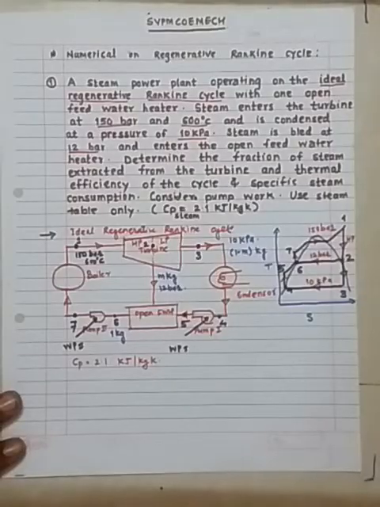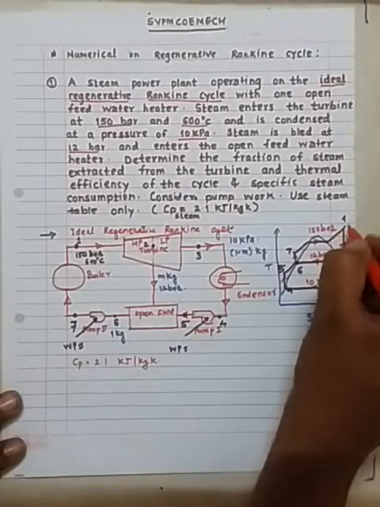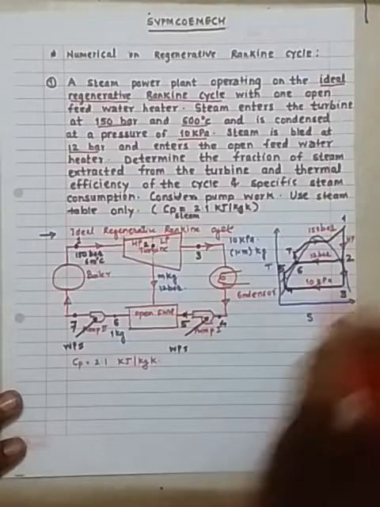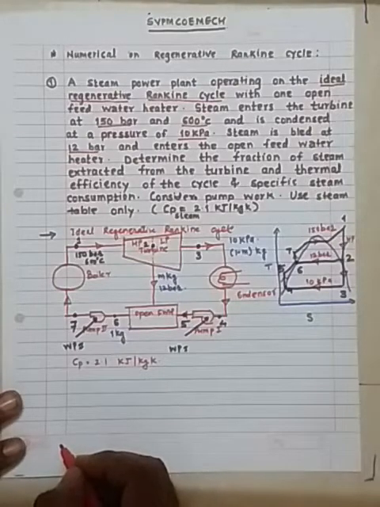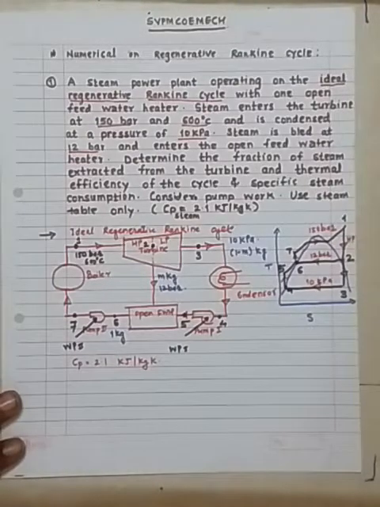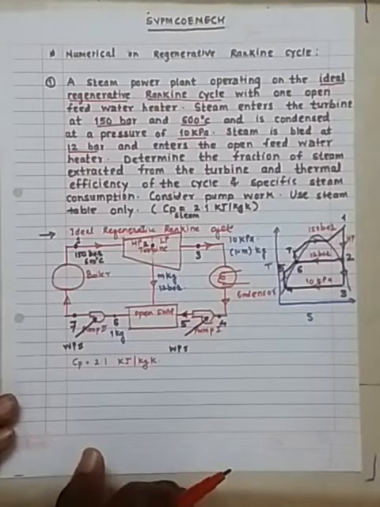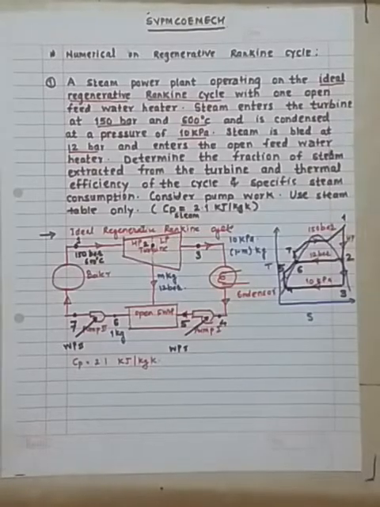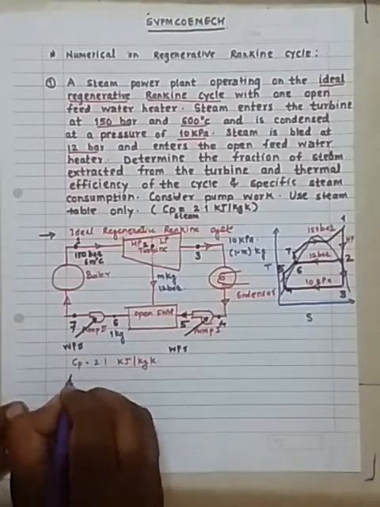When I have 150 bar steam and the temperature of the steam is 600, I can easily say that the steam is superheated at 150 bar, as the saturation temperature is lesser than 600 degrees centigrade.